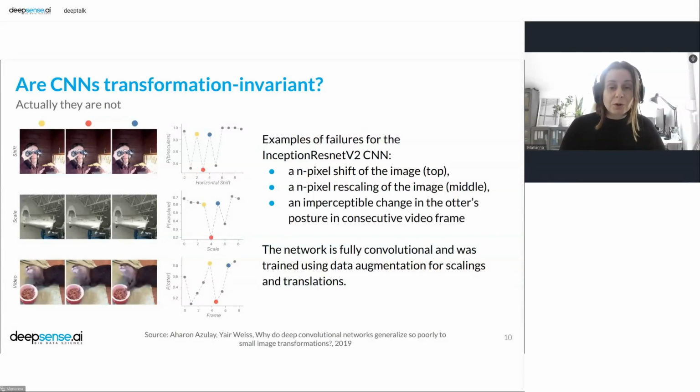And images in the third row are consecutive frames from a video that shows an otter. The differences between these photos are practically imperceptible to humans. However, the probabilities of the proper class differ a lot. In many cases, the probability of the expected class is less than half, so most likely the highest probability was given to some other class and the predicted label changed.